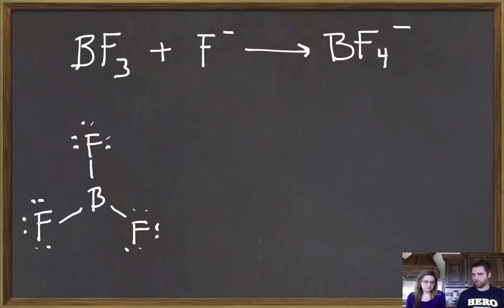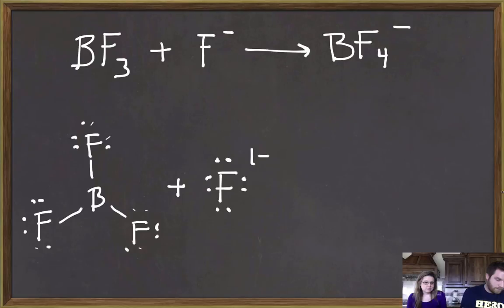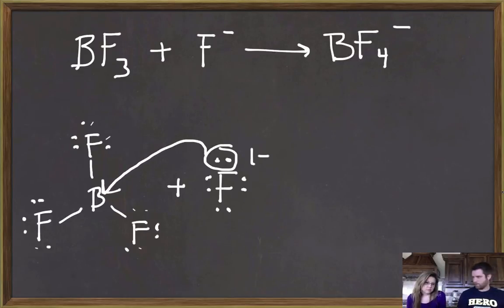So we have a trigonal planar geometry. Let's pretend we add this to a fluoride ion, which means it has an extra electron to complete that octet. So what's going to happen here is the only way for them to get a BF4 minus ion is that one of these pairs of electrons right here is going to have to be donated to this right here to make the bond.